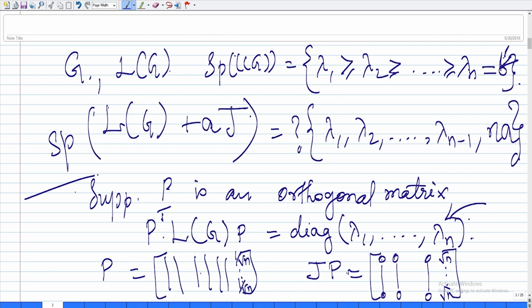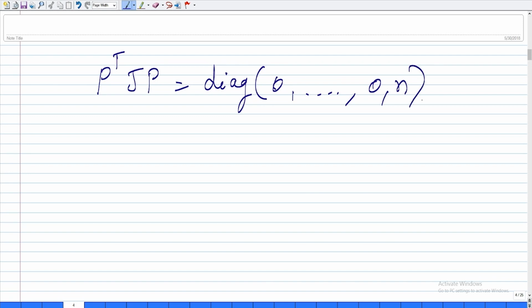Every other column, if I multiply with this, would vanish. So, I can immediately see that this P transpose JP is going to be nothing but the diagonal of all zeros with n.